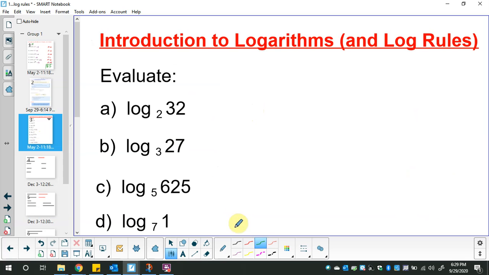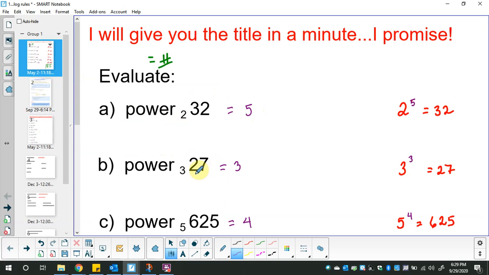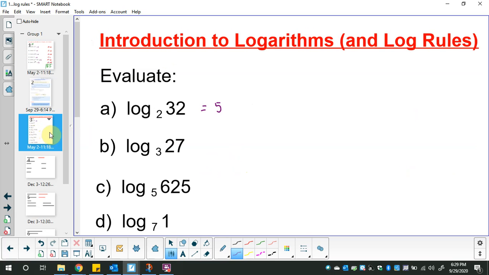So this answer is 5. So this question is the same as our previous question, and that is, what's the power on 3 that makes 27? And our answer was 3. Only now I'm being a little tricky in my language, my math language, and this is saying, what power on 3 is 27? And our answer is still 3.